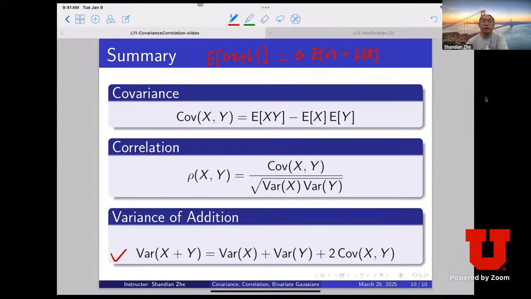This is called the linearity of expectation. But variance doesn't have such linearity. In the simplest case, the variance of x plus y is the variance of x plus the variance of y plus 2 times the covariance of x, y. You have to include the covariance between the two random variables.